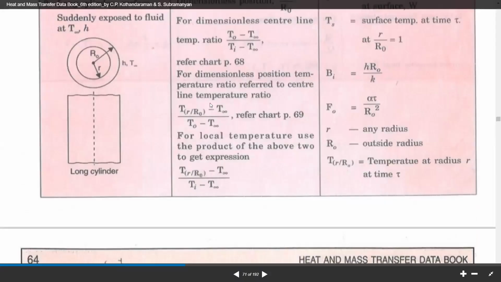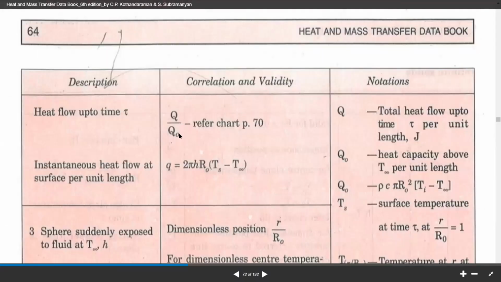So this is a similar cylindrical geometry where Q by Q naught, which we have already taken, is 0.83. Now here Q naught is the heat capacity about TA per unit length. That is Q naught equals rho C pi R naught square into Ti minus TA. This formula I can use to calculate Q naught. So once you get the value of Q naught, you know the ratio and get the value of Q. That's it.